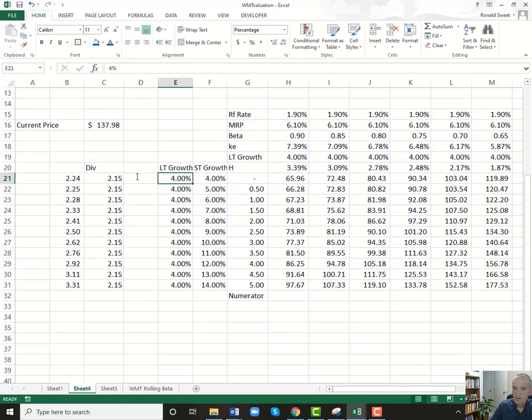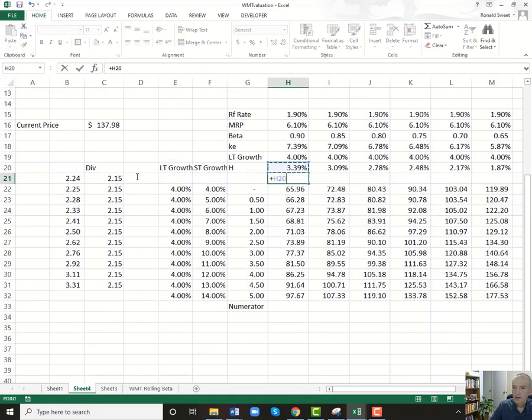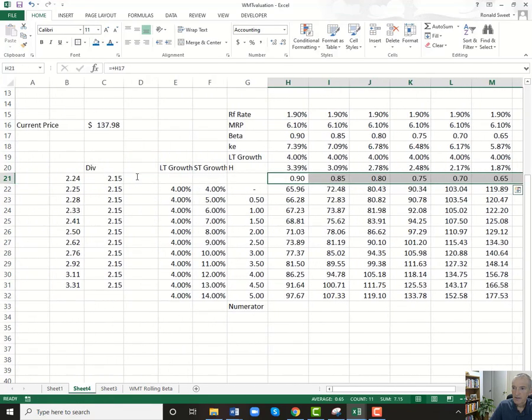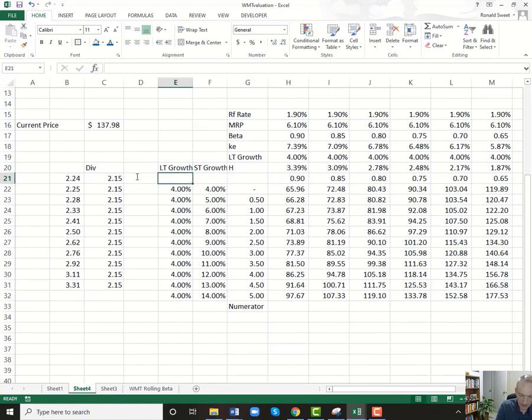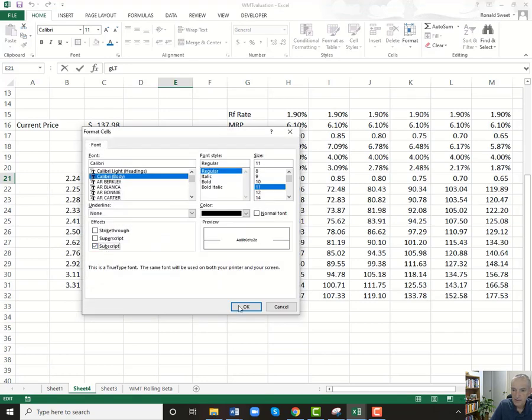So let's move this down, and let's just bring our beta down here. And so now you've got beta going across, and you have growth long-term, growth short-term, and you got your H. Let me do it like this: growth long-term, growth short-term, and you got your H. So you can adjust that just by clicking and doing format cells and subscript.